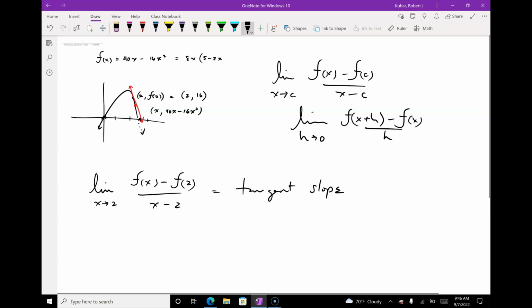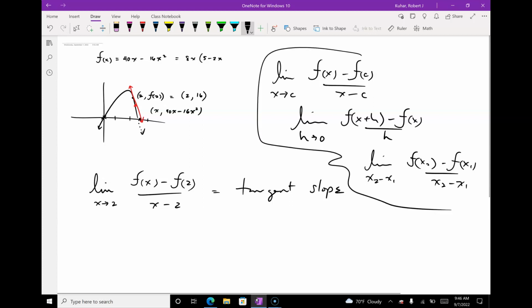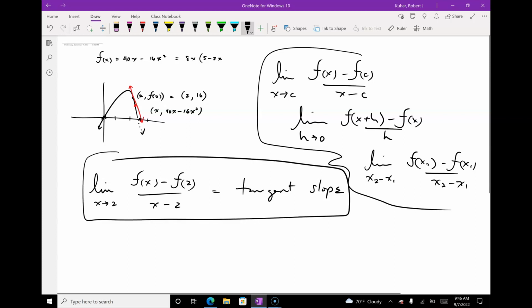And the first one you ever saw was the limit as x2 goes to x1 of f of x2 minus f of x1, that's our regular slope from like 8th grade, y2 minus y1. These are all the same. When do I use which one? Depends. I don't really ask you to decide which one we're going to use. I'll tell you which one. So this is going to give me my tangent slope. I want you to add this to the problem. You with me?